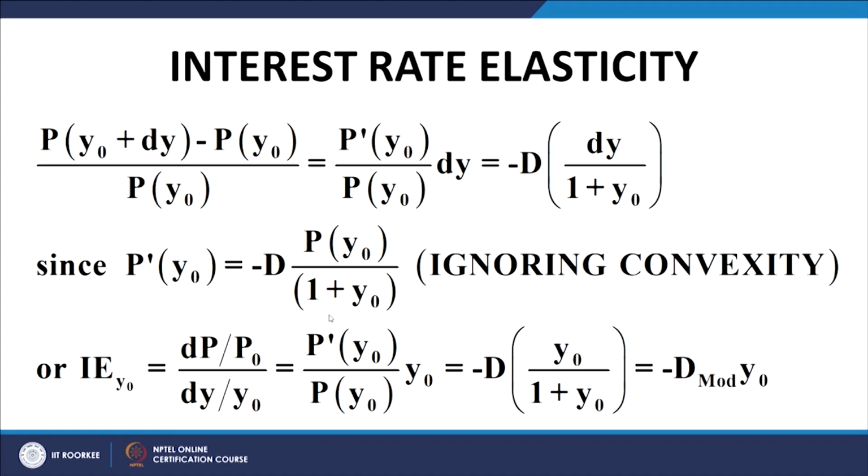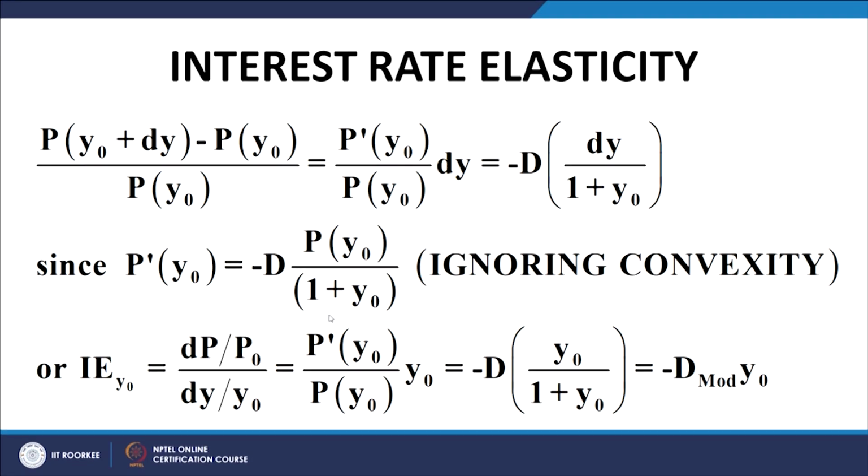Then we come to the interest rate elasticity. We define interest rate elasticity as more or less similar to the expressions that are used in microeconomics. So, we define interest rate elasticity as the percentage change in price divided by the percentage change in the YTM expressed as a percentage of the initial YTM.